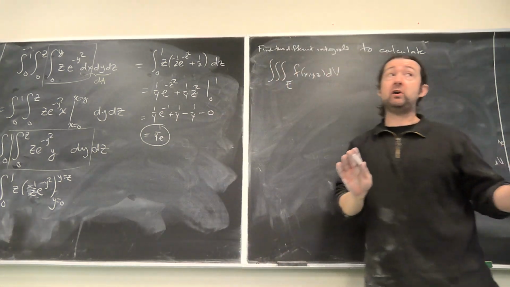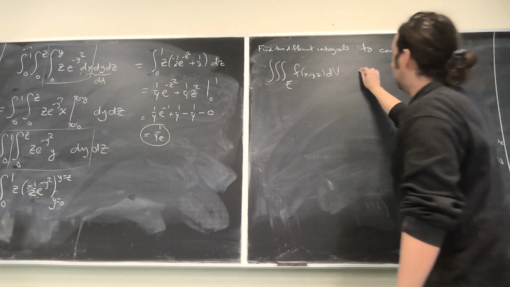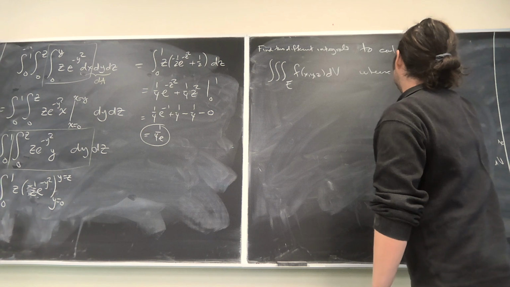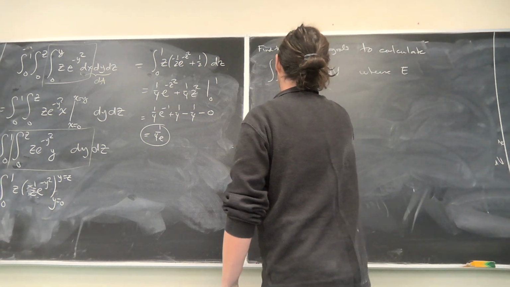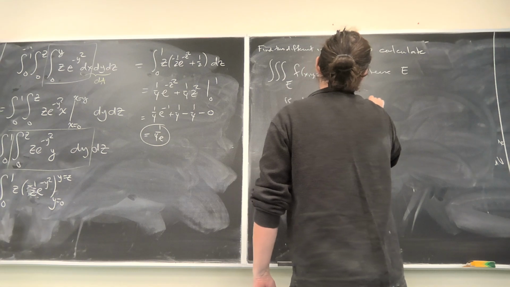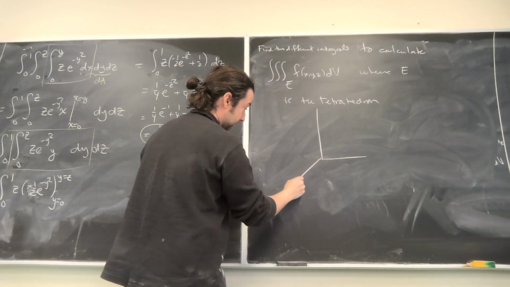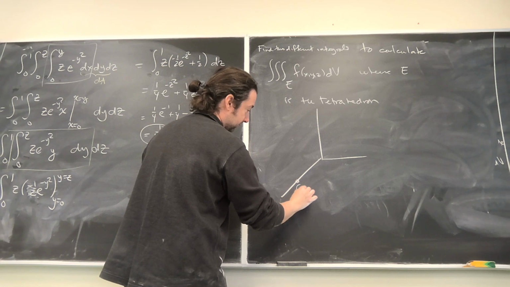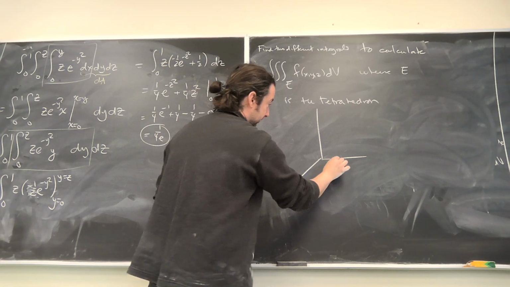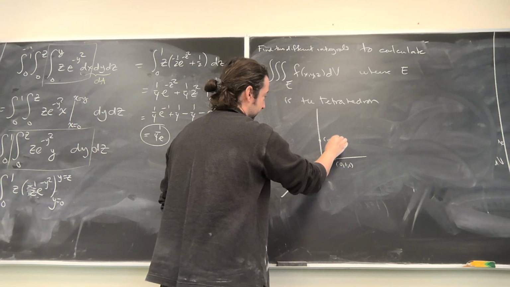So I'm not even giving you a function. I don't want you to integrate. I just want you to set the integral up, where E is the tetrahedron that passes through this point right here, which is (2, 0, 0), this point, which is (0, 1, 0), and this point, which is (0, 0, 1).